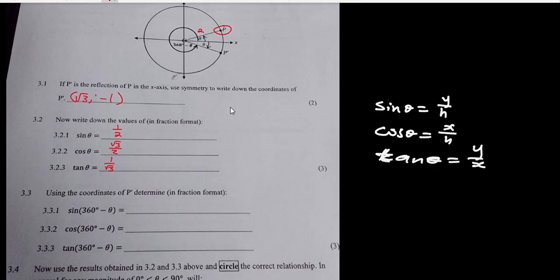Do not be confused by this, just continue doing what you know best, which is this one that I've shown you here. So you're going to have your sine as y over the hypotenuse, which is 2. Your y based on this point here, we have defined the point here. This is my y, this is my x. Your y is going to be -1 over 2. The 2 is your hypotenuse, it's your radius, okay?